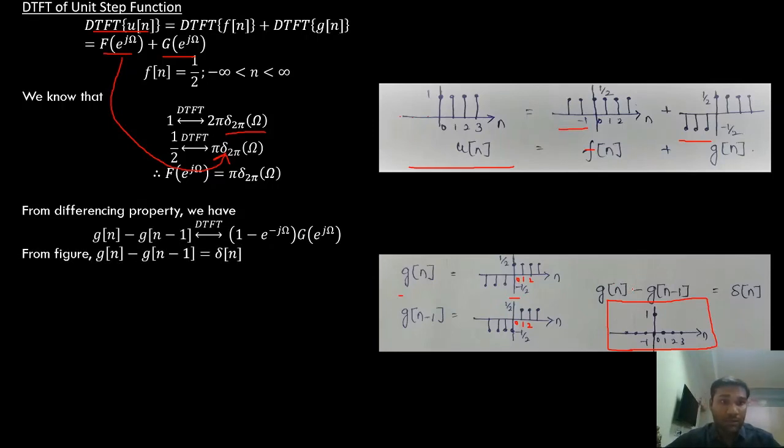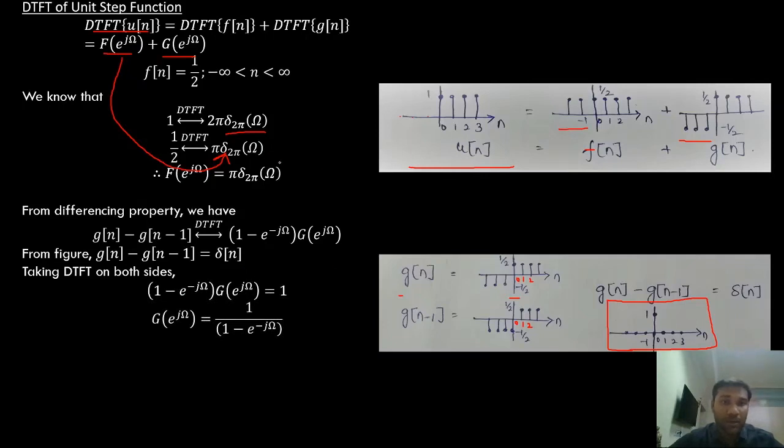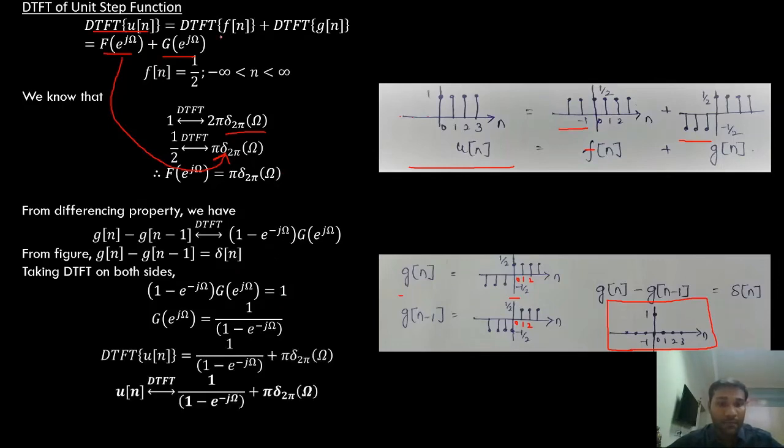So if I take DTFT on both sides, on the left hand side I'll have 1 minus e power minus j omega into G of e power j omega. On the right hand side, DTFT of delta of n is 1. Now G of e power j omega is going to be 1 by 1 minus e power minus j omega. So I'll just add these two DTFTs to obtain the DTFT of u of n. That is my final answer.